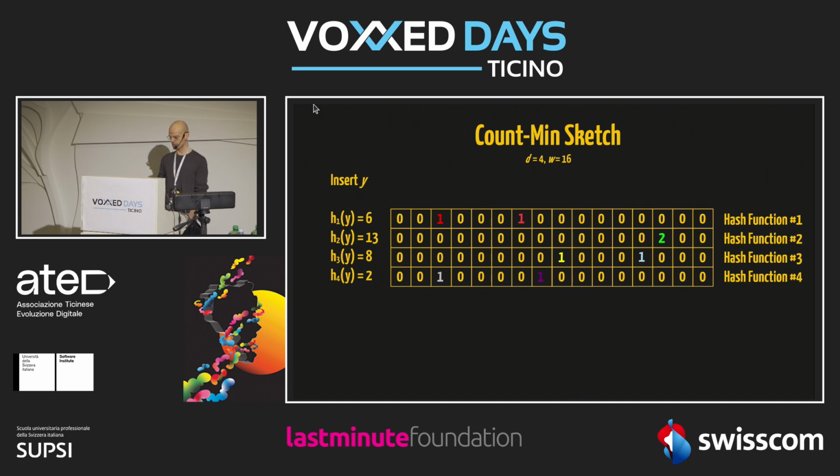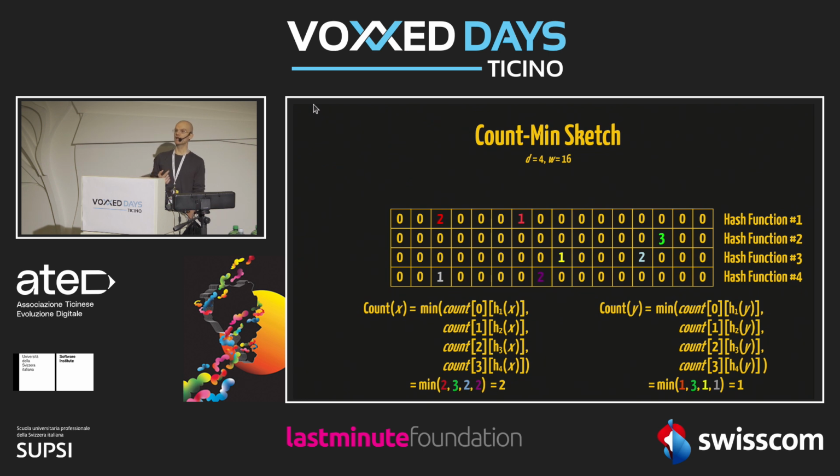And then I apply also the other ones. There are no collisions, so I just increase from 0 to 1. I insert X again. So now X is inserted again because it was the first item I inserted, and so I increase the values. Now they are 2, 3, 2, and 2 because those are the values of X.